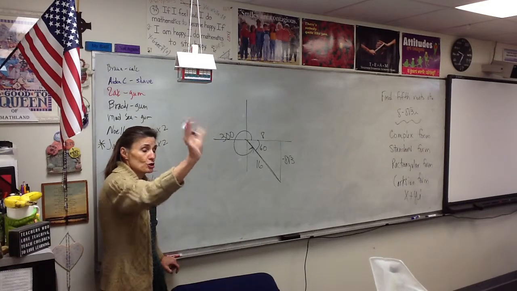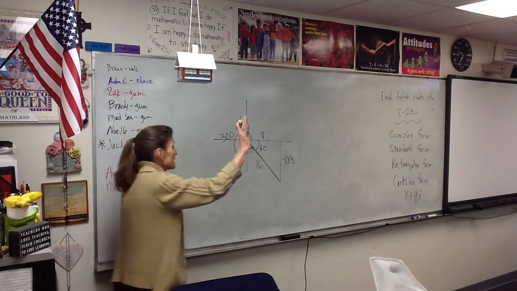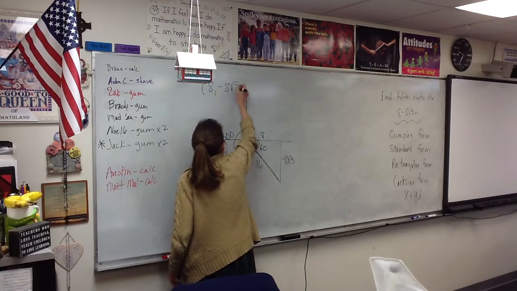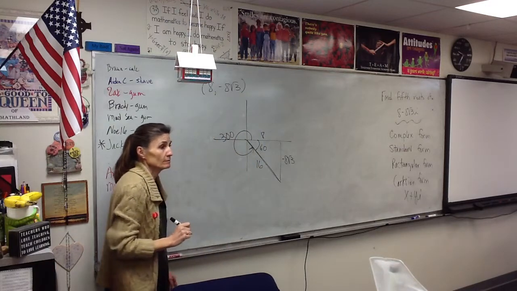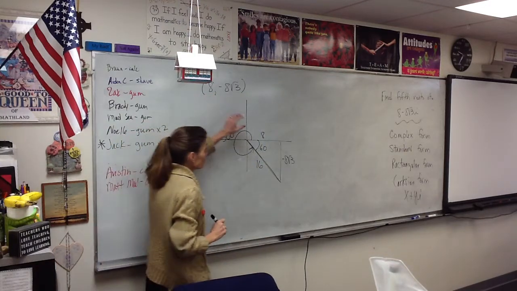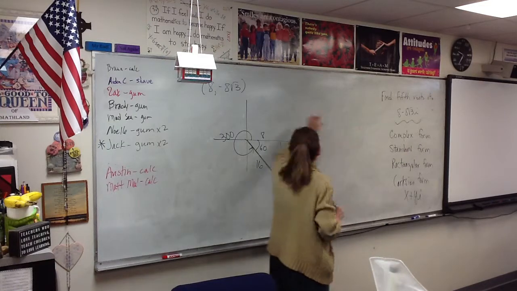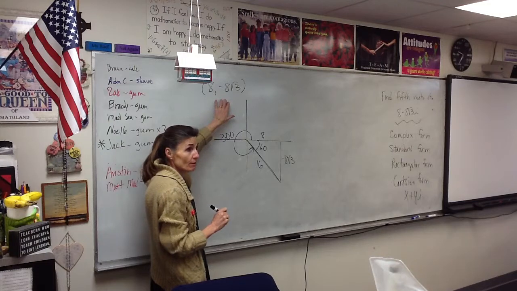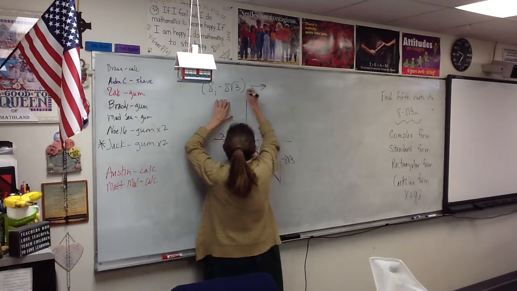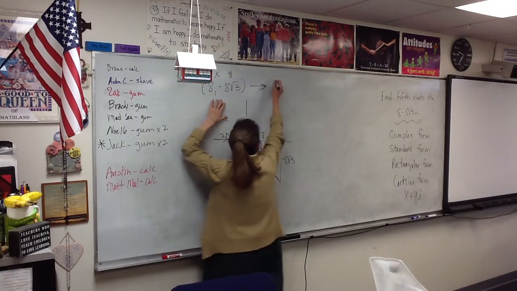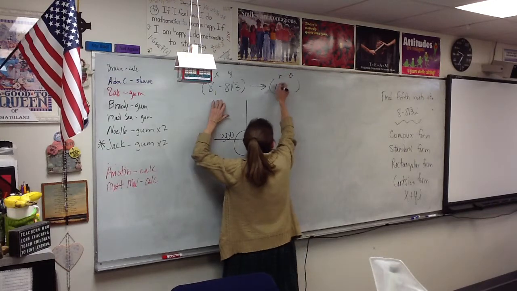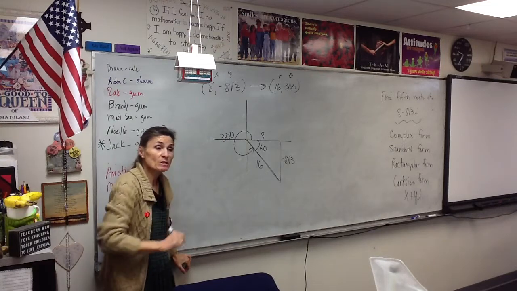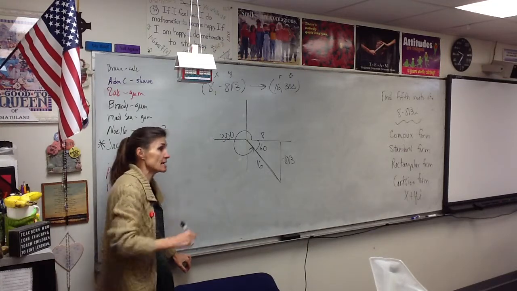Now, listen. If we had started with 8 comma negative 8 root 3, if we had started with those same numbers as a point, this would be a coordinate pair here. Then we would say, okay, this x and y corresponds to 16 comma 300, that r and theta. That's what we talked about yesterday.